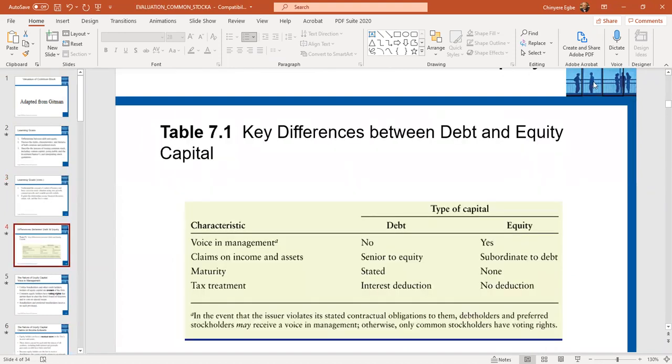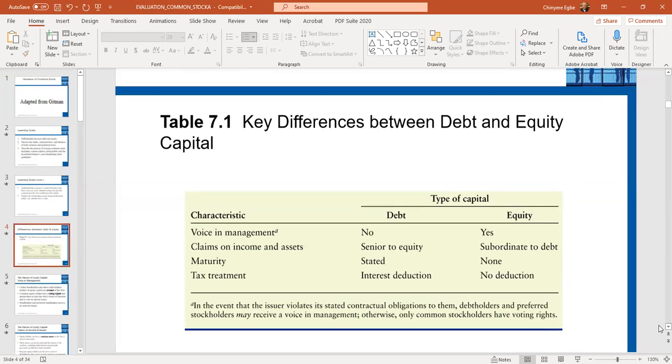Like I said, last week the lesson was about valuation of debt. Now we're going to do valuation of stock. The key difference is that in debt, the bondholders do not have a say in management of the company.